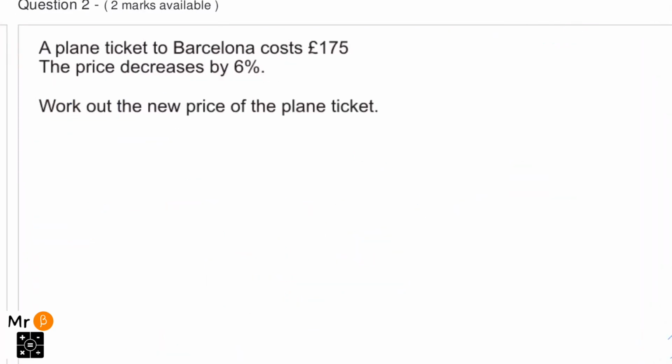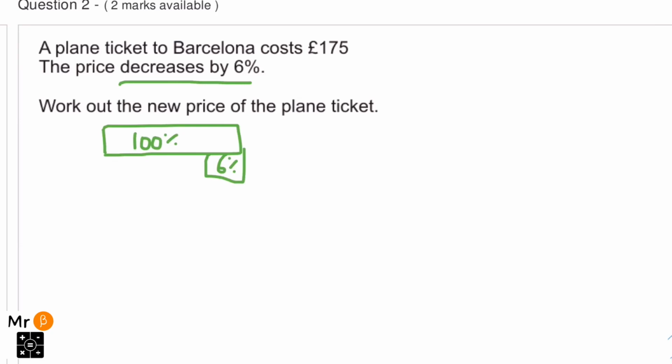So question 2. This time the key word is that it decreases by 6%. So your non-calculator method would be to find 1% by dividing by 100, times this by 6, and then subtract it. However, we're going to use our calculator method. So we've got our original cost of our ticket. We've took off this 6%.